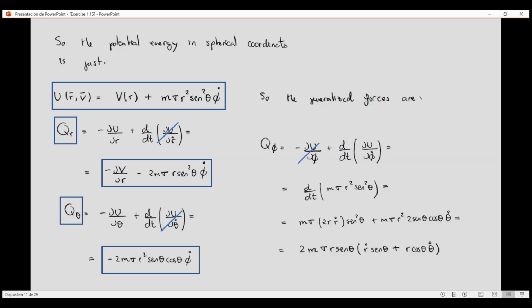But U doesn't depend on phi, so that term in this case cancels out, and we are left with this: 2m sigma r sine of theta, times what is in parentheses, r dot sine of theta plus r cosine of theta, theta dot. With this, we have finished part A of the problem, which was to express the forces derived from the potential in both Cartesian and spherical coordinates.